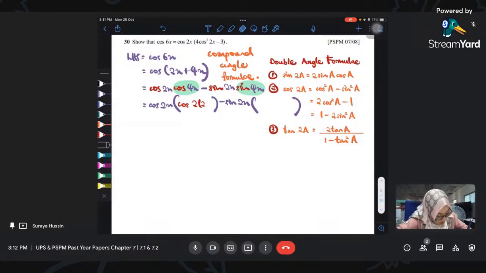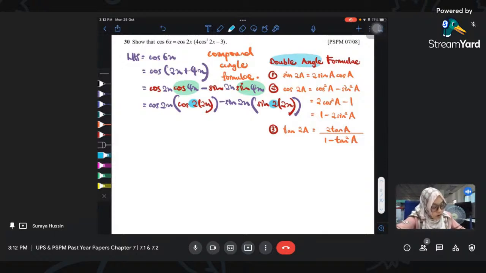Cos 2 times 2x. Here goes sine 2 times 2x. So, bila nak pakai, betul-betul pakai double angle punya formula kan. Bila you betul-betul nak pakai double angle formula, you gotta make sure yang depan ni mesti 2. So, itu adalah tips untuk pakai double angle. You understand me?